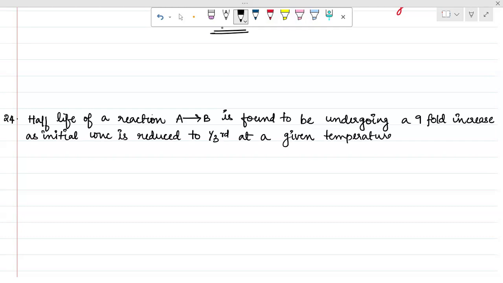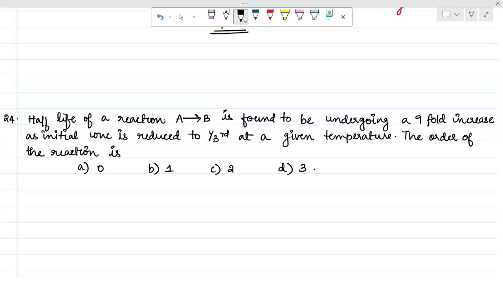At a given temperature, the order of the reaction is. Option A 0, option B 1, option C 2, option D 3.